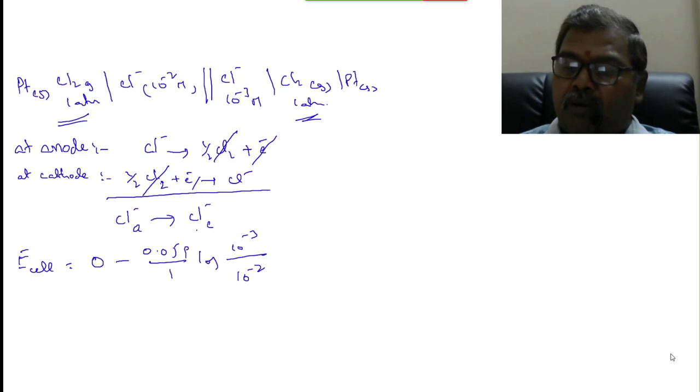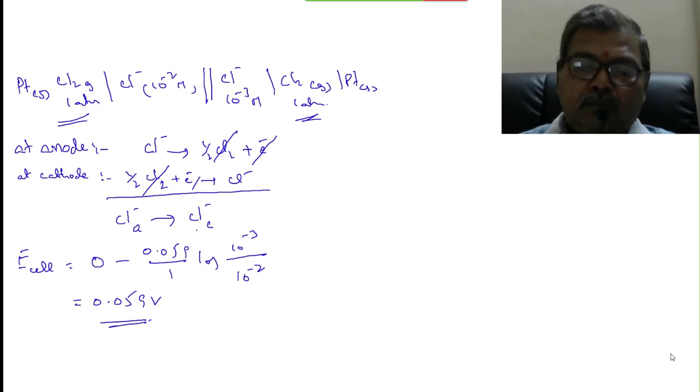Therefore it is 10 power minus 1, and minus into minus gives plus, log 10 value is 1. So, therefore, it is 0.059 volts. Remember, at the anode Cl minus gives rise to Cl2, so it is an oxidation reaction. At the anode, oxidation reaction, and at the cathode, reduction reaction takes place.